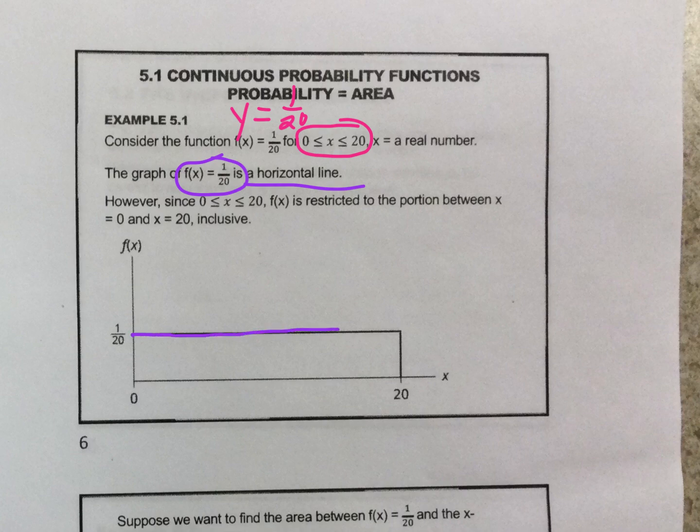Remember, y is the lazy line. It looks like that. However, since x has to be from 0 to 20, y is restricted to this portion in here, inclusive. So that's our parameters. X can be anywhere between 0 and 20, and y equals 1 over 20, okay?